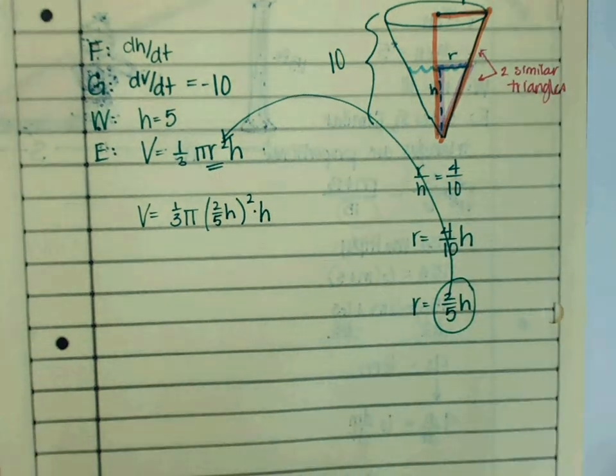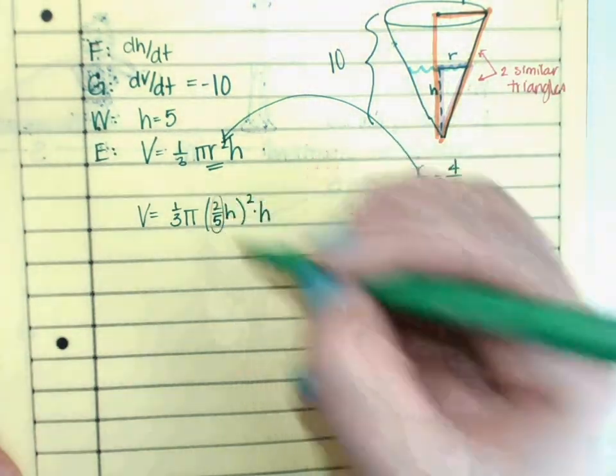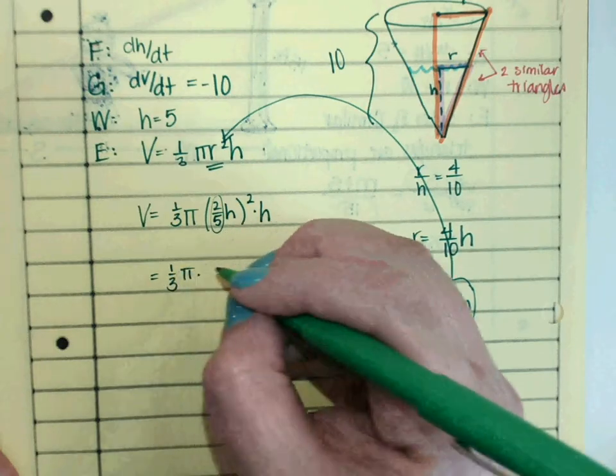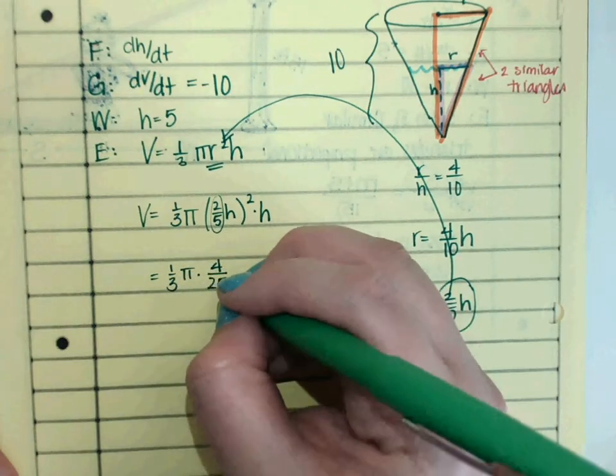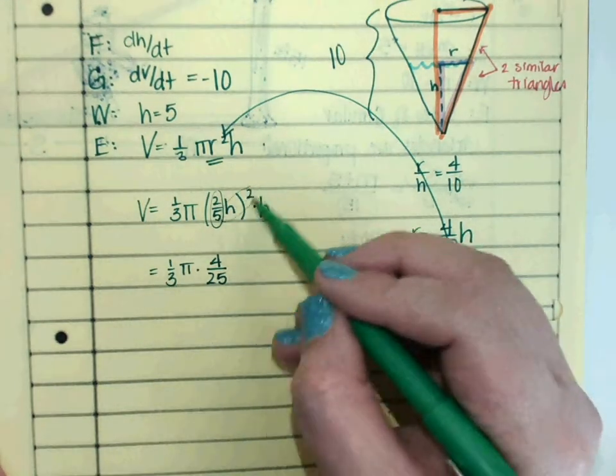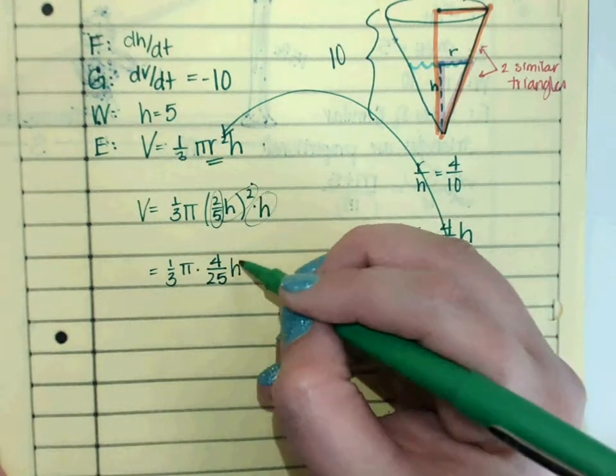Now let's simplify that out because I don't want to take the derivative like that or I still have to do product rule. So what is 2/5 if I square it? Okay, so that'd be 4 over 25, right? And then my h is squared, but then I have another h.